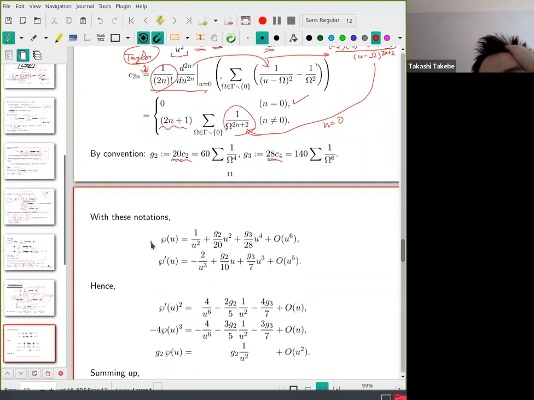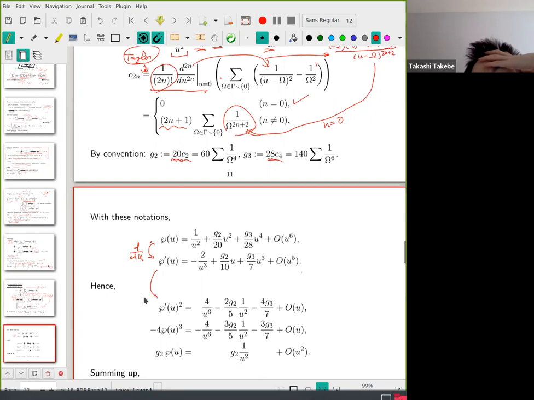Well, so we have this Laurent expansion, and of course, by differentiating, we get this Laurent expansion of P prime. So from this expression, the first term is 4 over u to the 6.